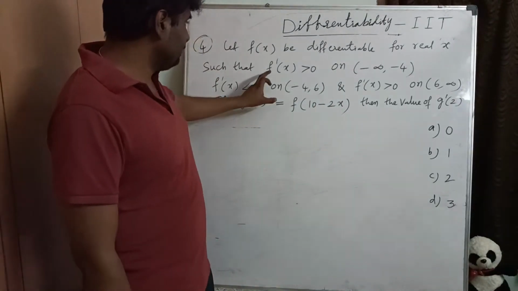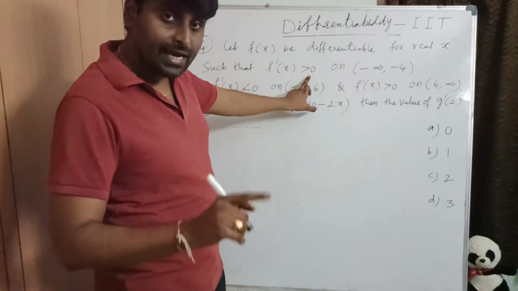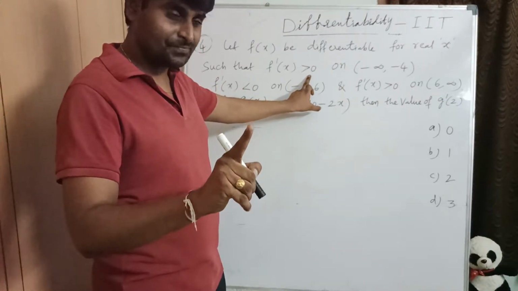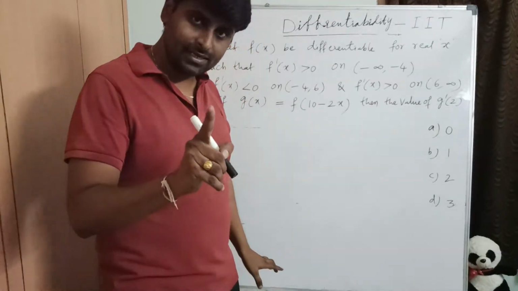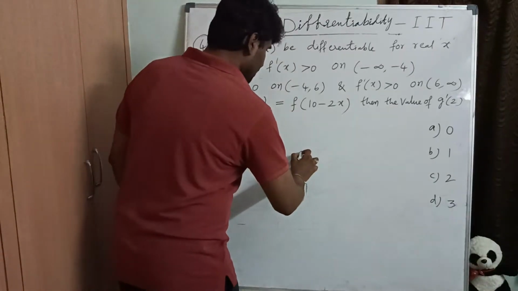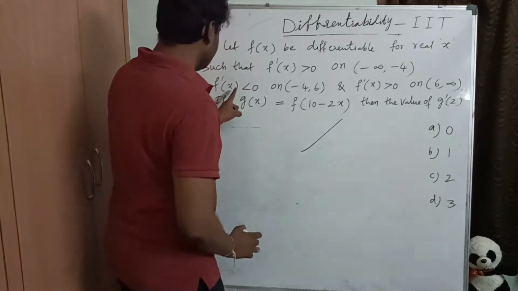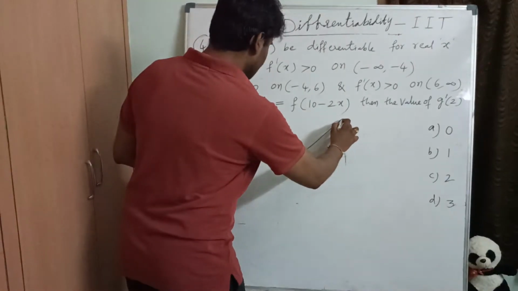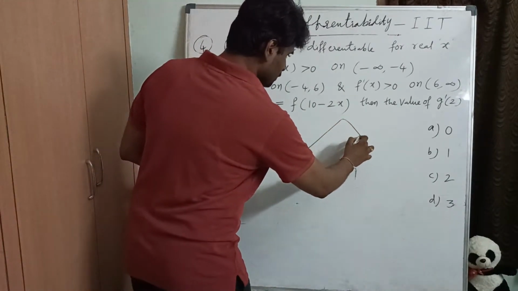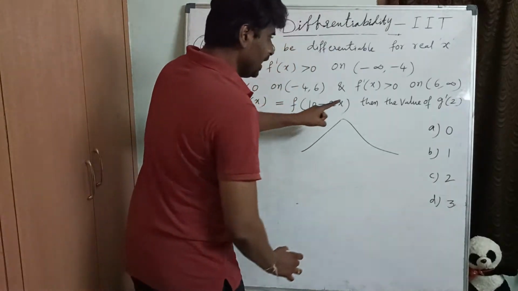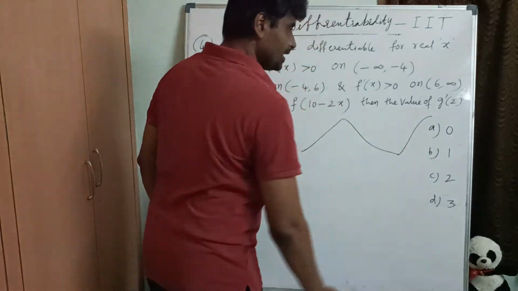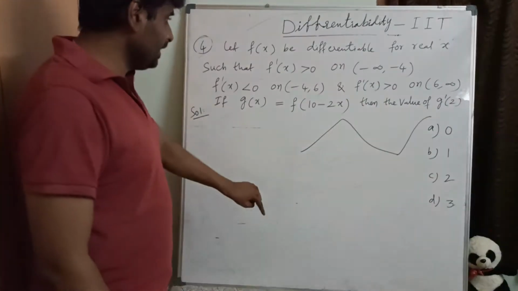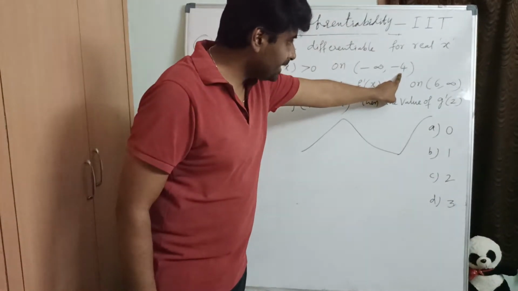As we know, f dash of x greater than 0 means f of x is increasing. The function is increasing from minus infinity to minus 4. After that, f dash of x is less than 0 from minus 4 to 6. Again, from 6 to infinity it is going to rise. That means minus 4 is not included here.